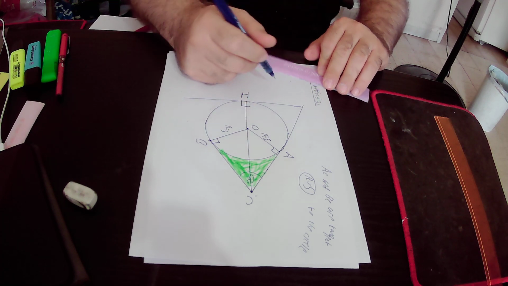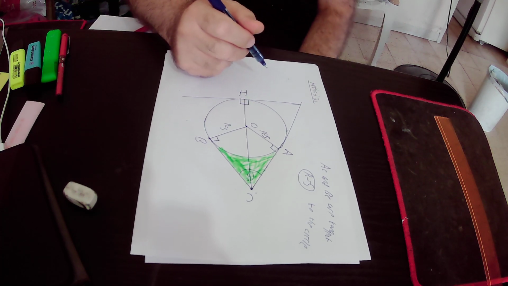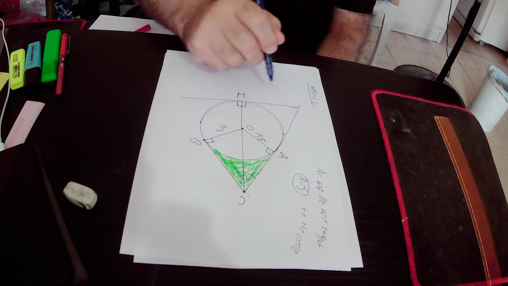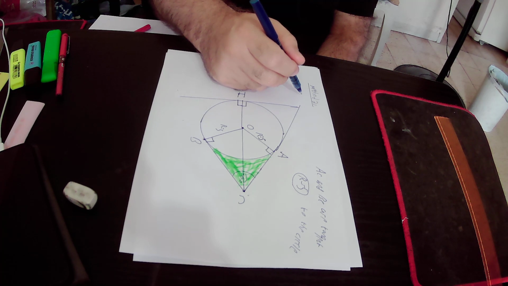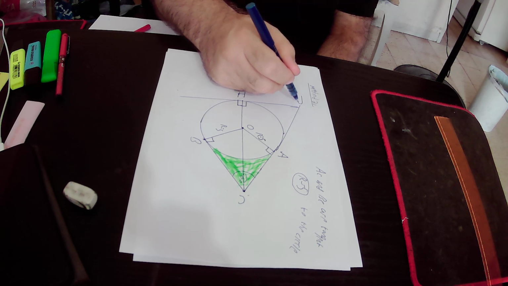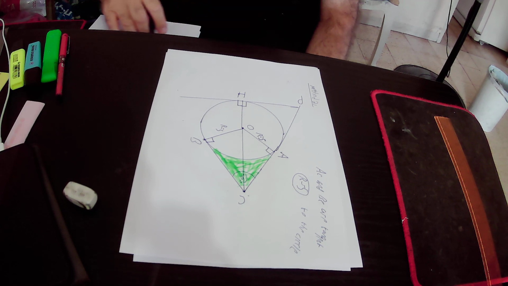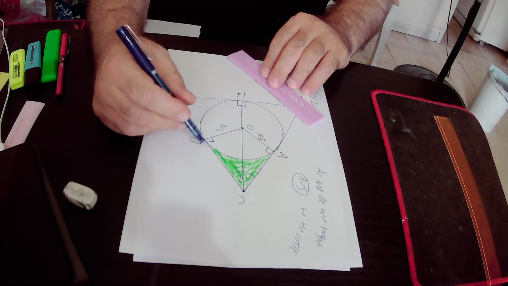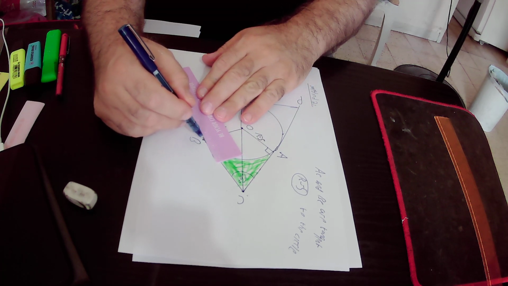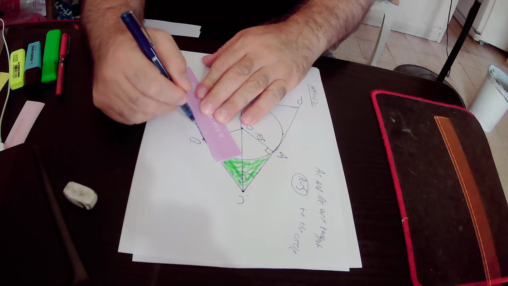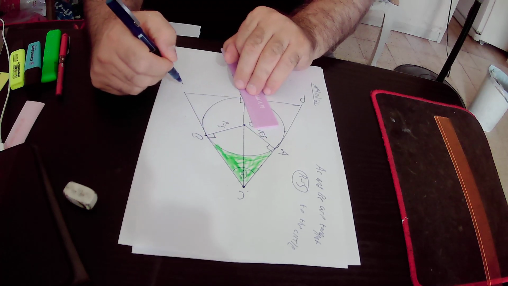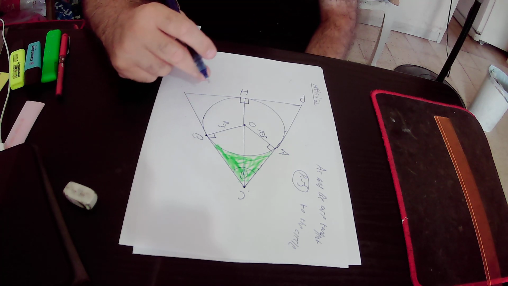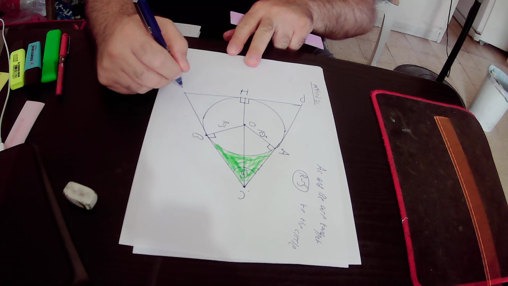The intersection point between line segment AC and the tangent will be defined as P, and we will do the same thing on the other side. We will extend line segment CB until it touches the tangent, and the intersection point between line segment CB and the tangent will be defined as Q.